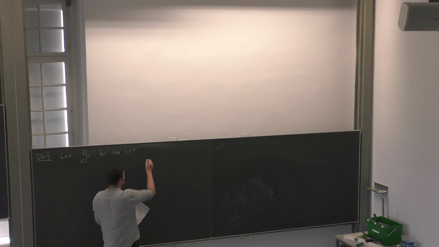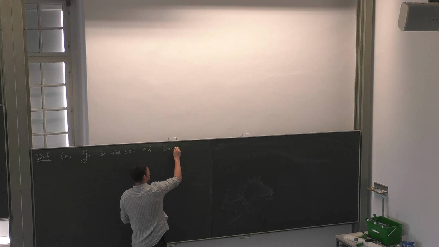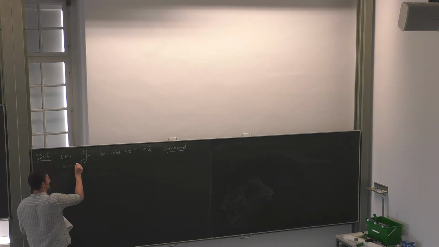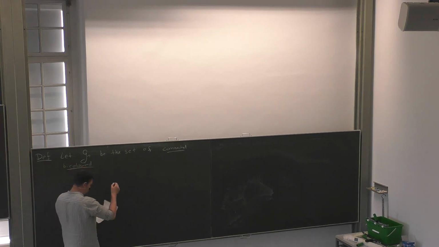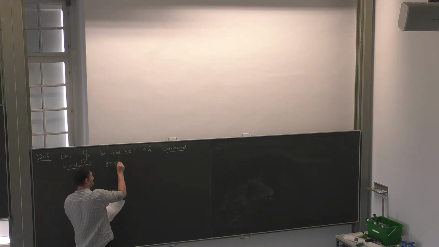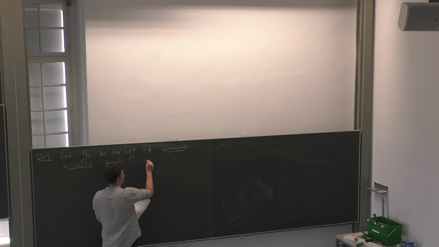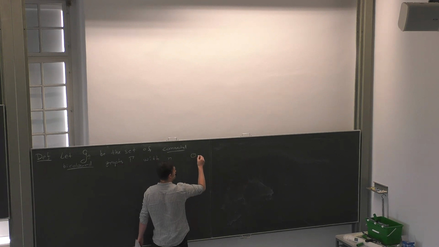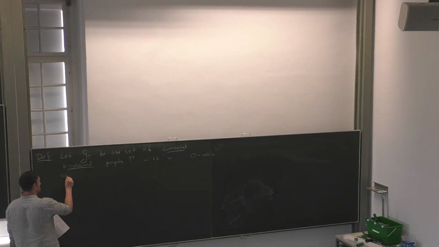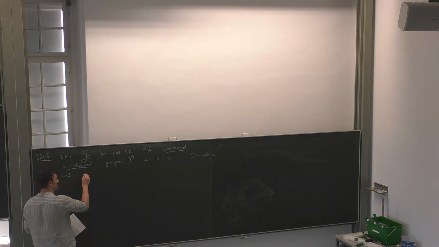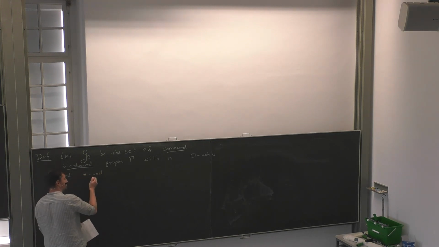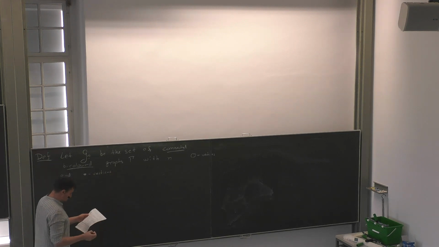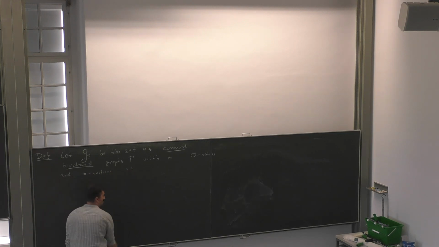the set of connected bicolored graphs gamma with n circle vertices and some number of bullet, so filled vertices, such that the following holds.